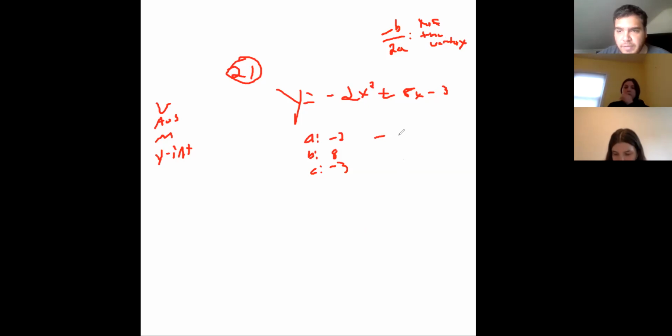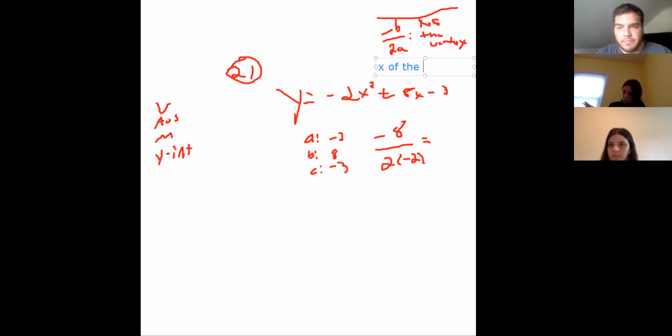So this is the equation we're going to use. I'm going to plug in my numbers. B we identified was 8, so it's -8 over 2 times my a identified as -2. Wait, what's the negative b over 2a thing? This equation finds the x of the vertex.